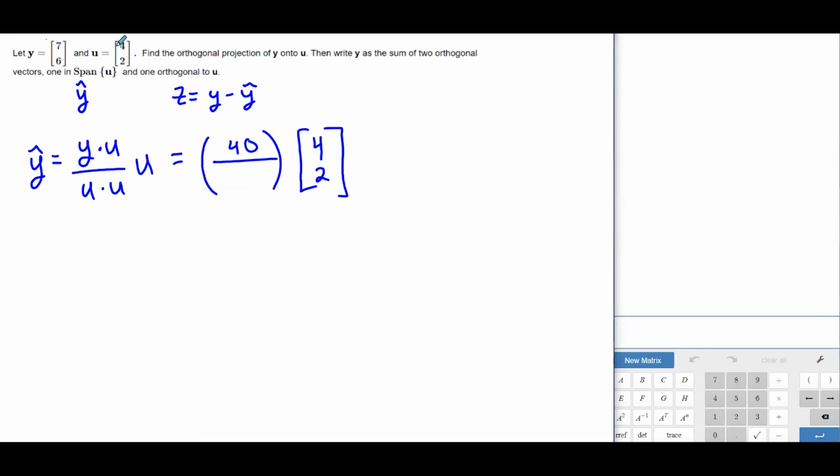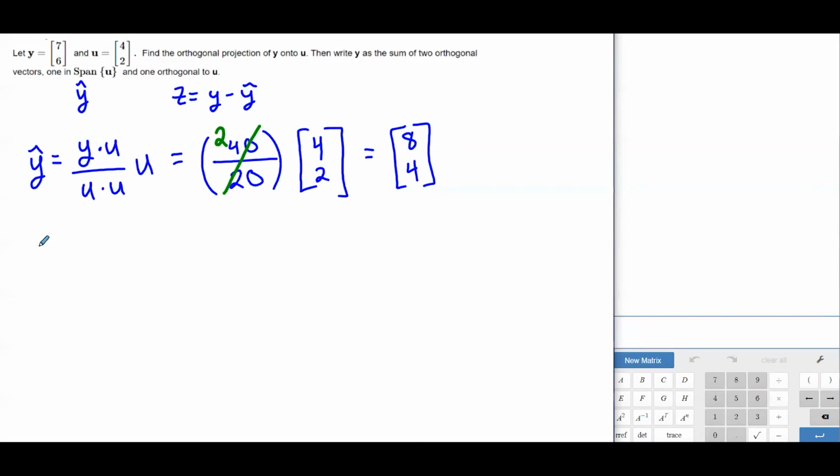U dotted with itself: 4 times 4 is 16, 2 times 2 is 4, so 16 plus 4 is 20. So this reduces to just 2, 40 divided by 20. When we multiply these, we get 8 and 4. So 8, 4 is the projection.